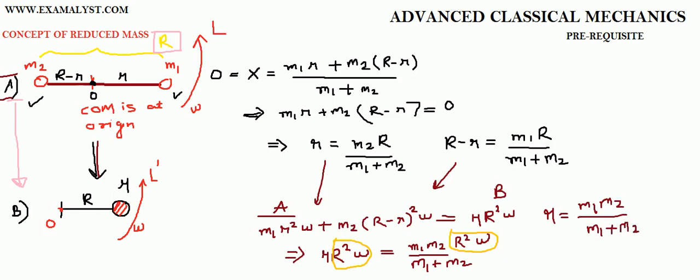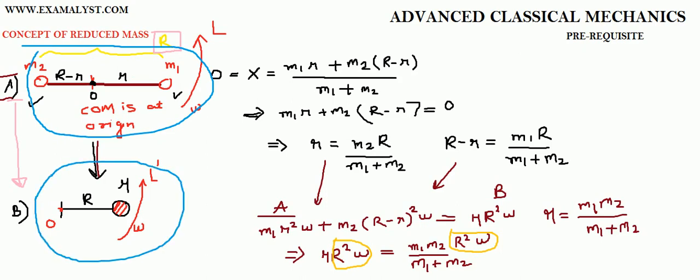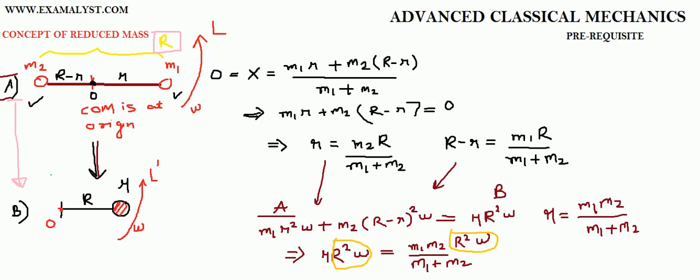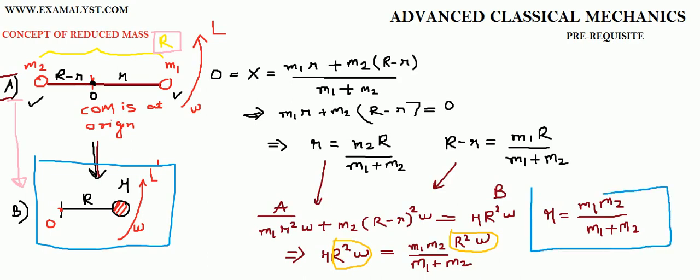So an amazing thing happened. The moment we converted a two body system into a one body system such that both systems have the same angular momentum when rotated with an angular velocity omega, this one body system must have a mass equal to the product of the two masses of the two body system divided by the sum of the masses.